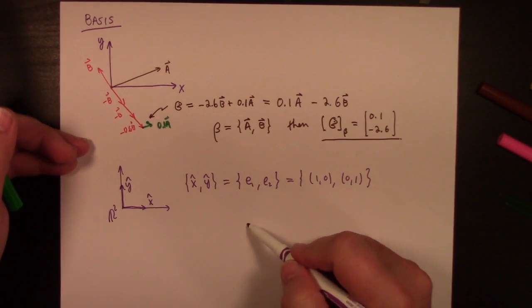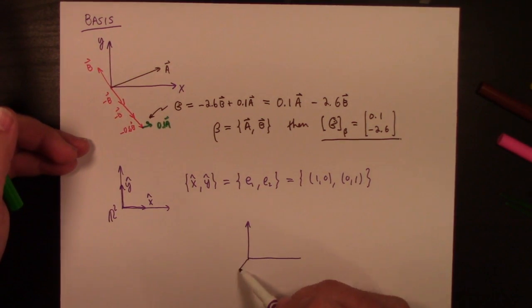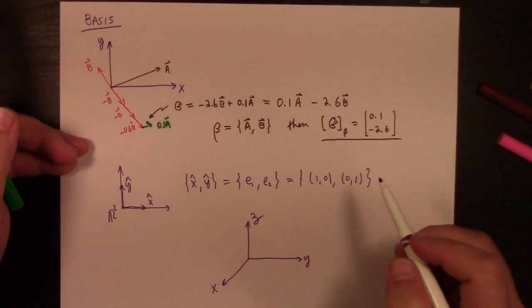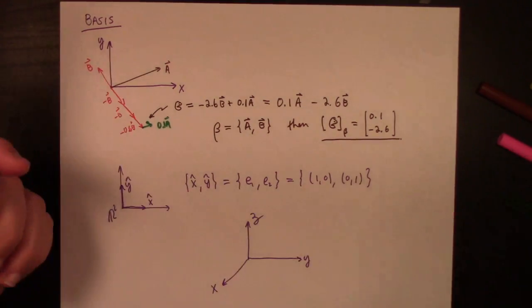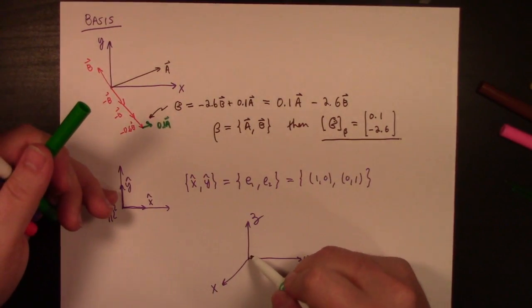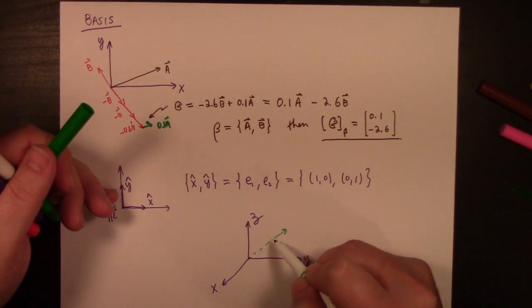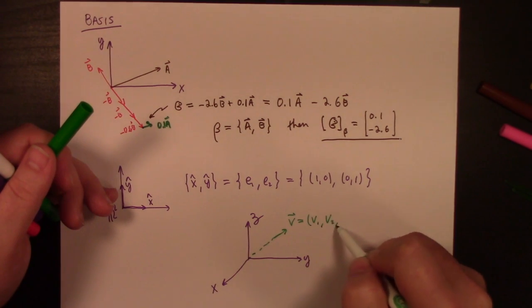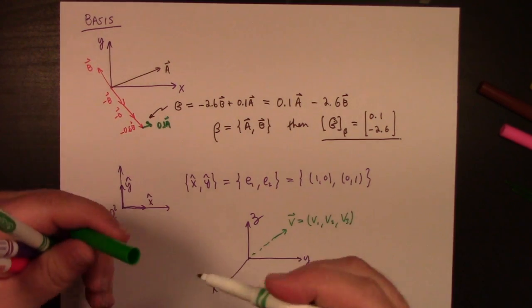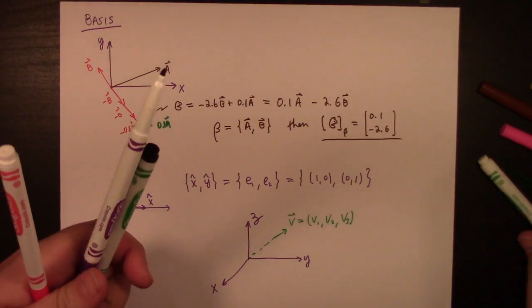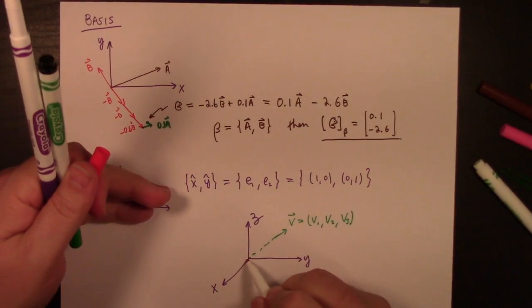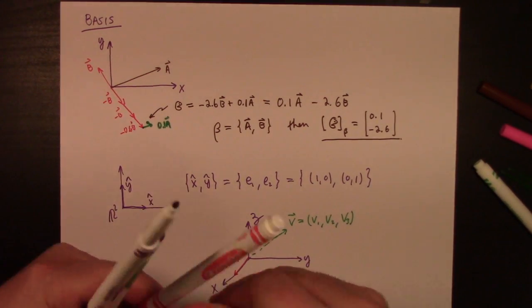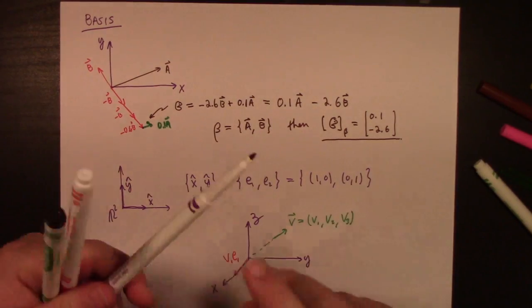Now, of course, in R3, I can still visualize. So if I take some point in R3, I mean some vector really, say this one, and that vector is (v1, v2, v3), then I can build that from tip-to-tail vector addition of this guy, which would be v1 e1, and then, oh man, lost my colors.